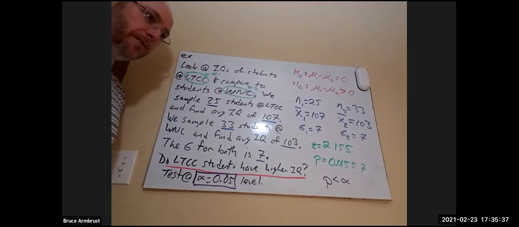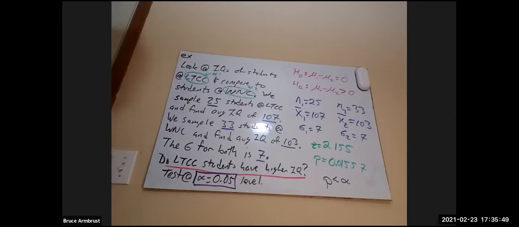Okay, so what does that tell us to do? Are we going to reject or fail to reject the null hypothesis? What did we do before when p was less than alpha?